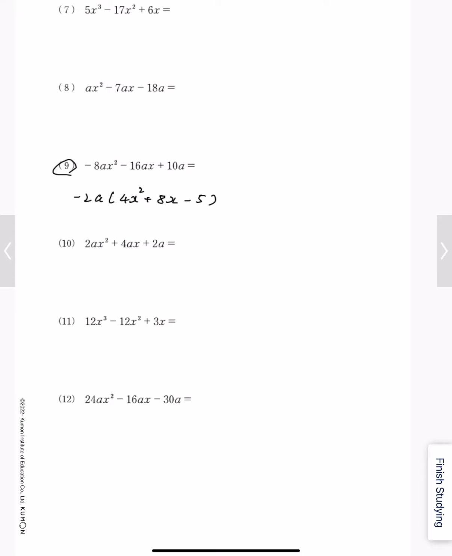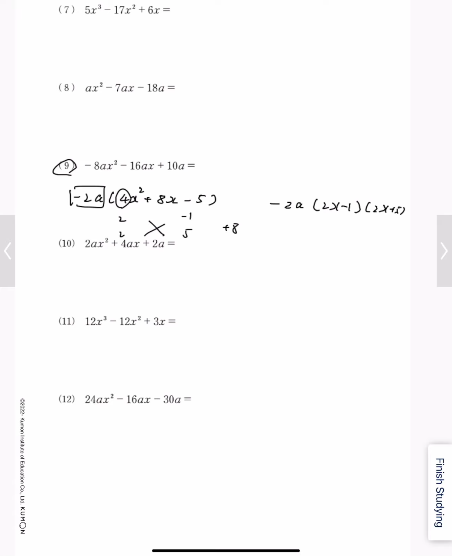We have the 4. I'm going to put it 2 and 2. And we have -5. Then we're going to be -1 and 5. And let's see if that works. Perfect. That's going to give me plus 8. So it's going to be -2a. Remember to keep this on the side, times 2x minus 1, 2x plus 5. That's the factorization for this question.